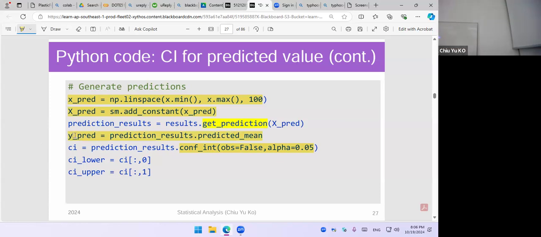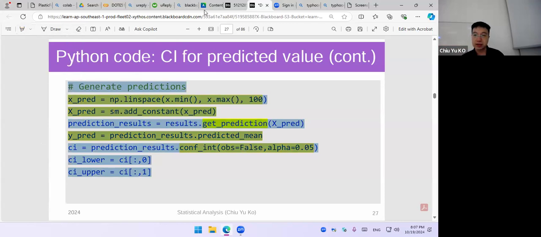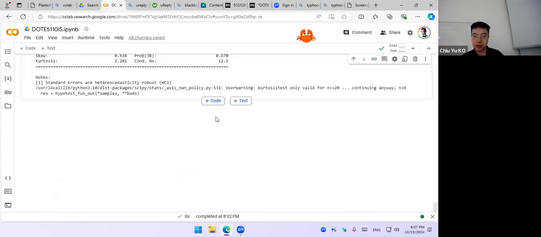And this function will enable us to calculate the range, the maximum and the minimum. The first item is the lower, the second item is the higher.